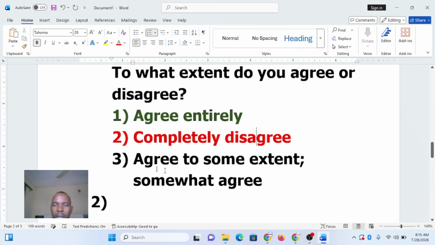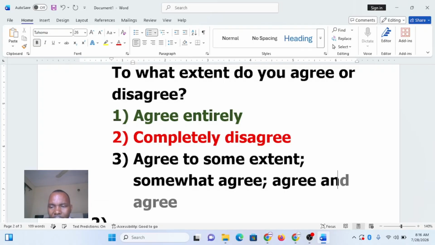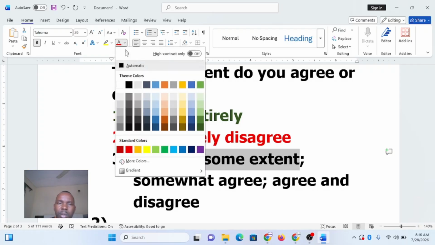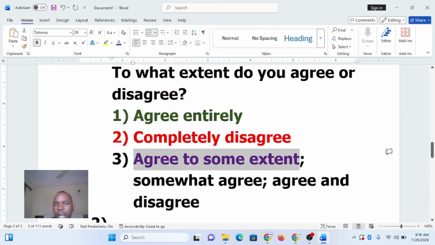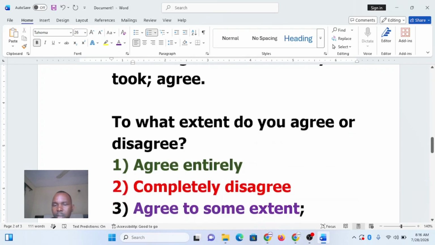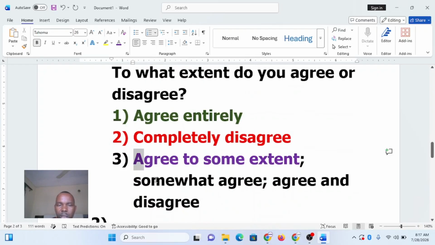But now if you agree to some extent or you somewhat agree, it means that you will write on both agree and disagree. So in this third answer choice, it simply means you are going to write on both agree and disagree. Maybe there is a part of you that agrees, you talk about it, and there's another part that disagrees. That's when you take this option.